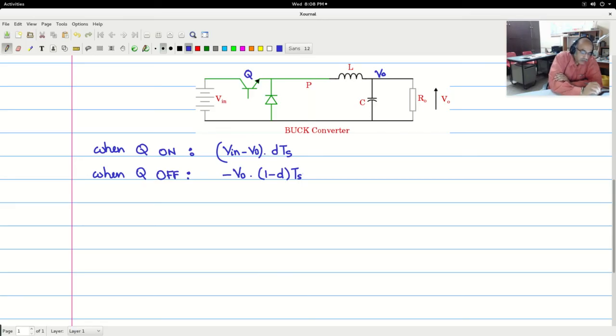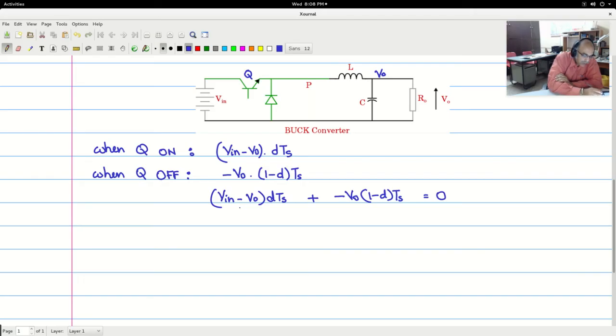Now these two should be balanced for the inductor to operate properly, and therefore you have Vin minus V0 into dTs plus minus V0 into 1 minus d Ts is equal to 0.